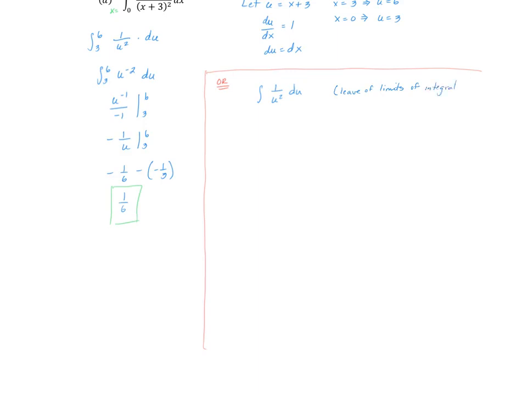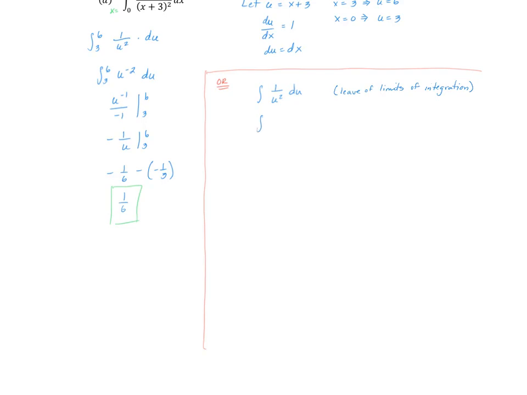I don't usually do this because oftentimes when I'm evaluating my integrals, I'll forget and I'll use the original limits of integration instead of the ones that should have been changed.